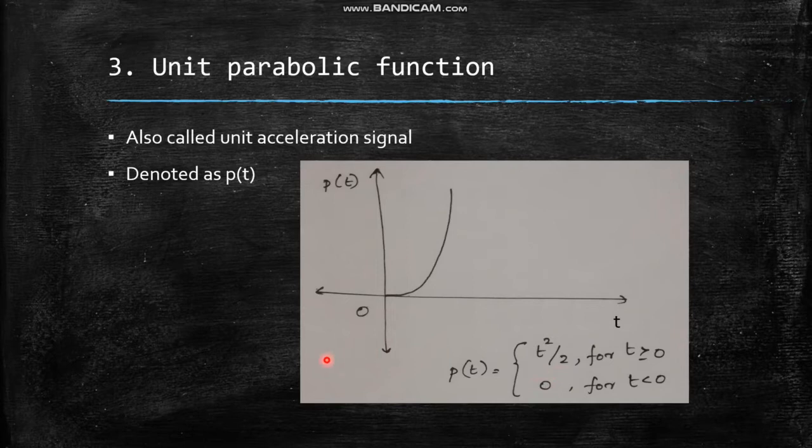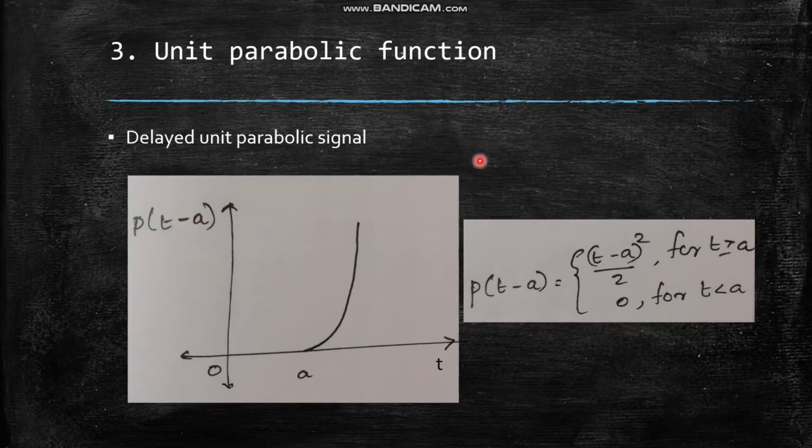Third one is the unit parabolic function. It is also known as a unit acceleration signal. It is denoted by the letter p of t, where the condition for satisfying the parabolic function is p of t equal to t square by 2 for t greater than or equal to 0 and 0 for t less than 0.